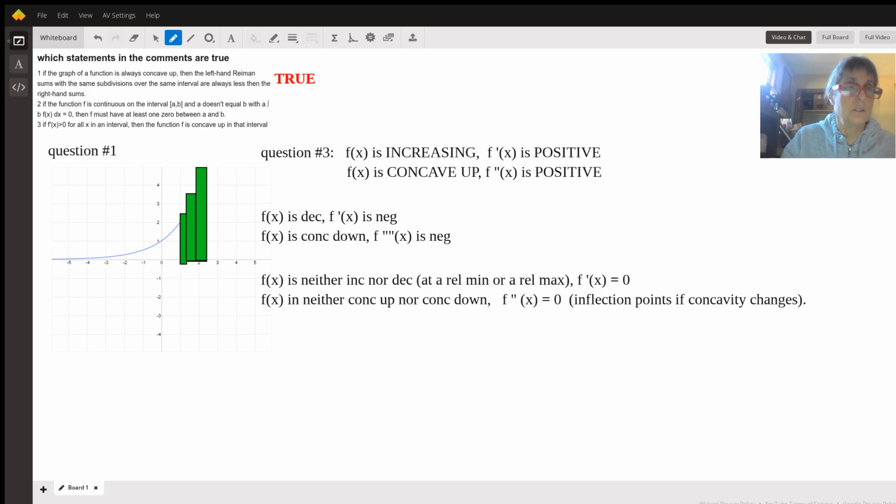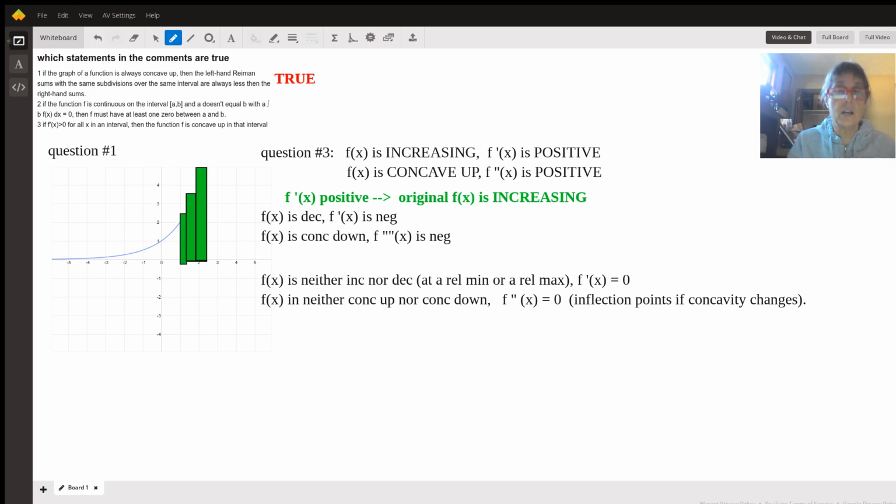It says if f prime of x is greater than 0, they are saying that f prime of x is positive. Okay, it's above 0, which tells us that the original function, f of x, is increasing.